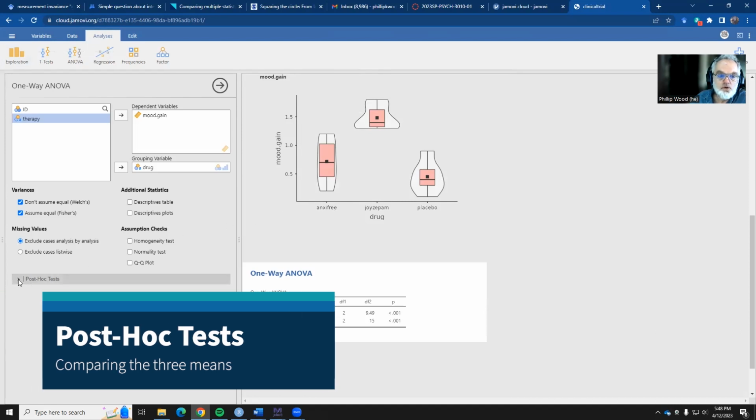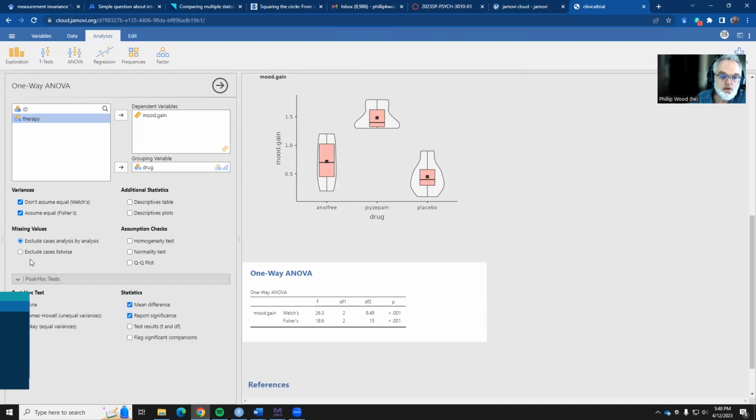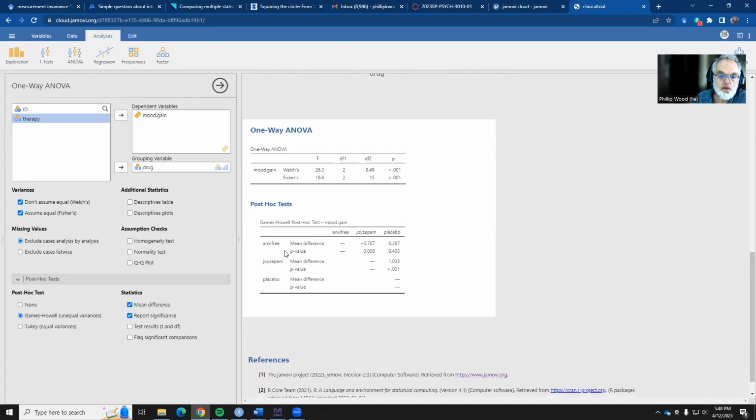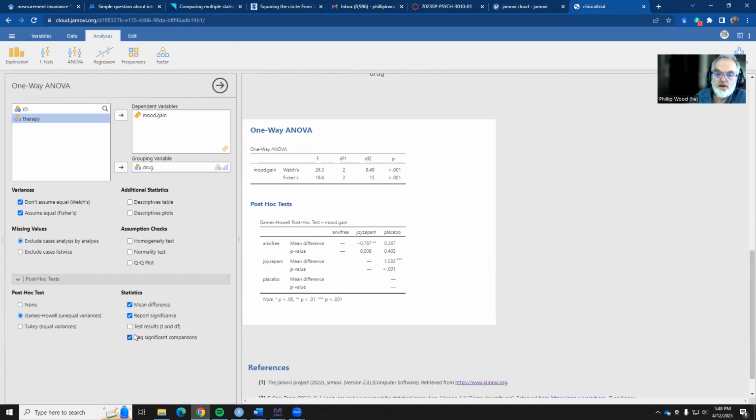So we come down here and we click the post-hoc test button. And just as with assuming equal or unequal error variances, we have a couple of options here for doing our tests. And over here, in addition to the defaults, I can click this little button that says flag the statistically significant comparisons. So what we're looking at here is now the difference between the means.